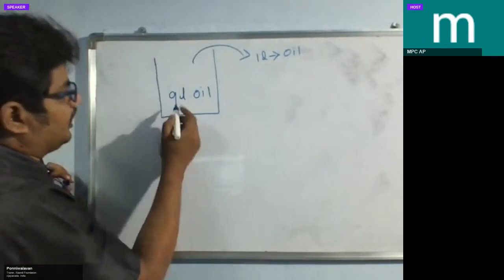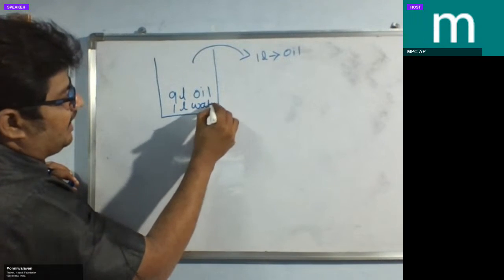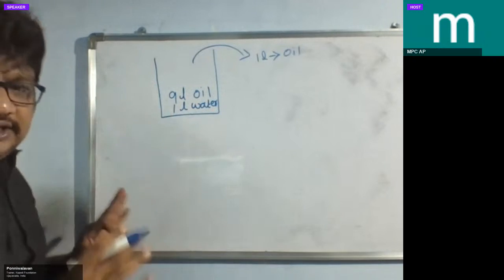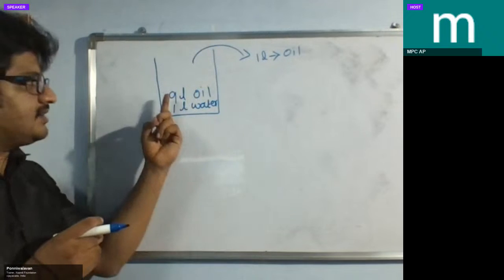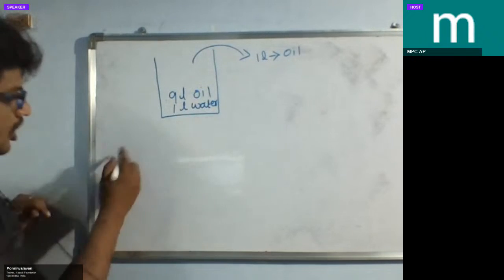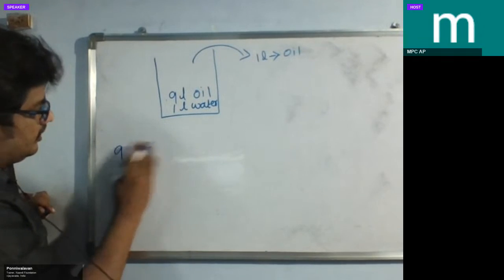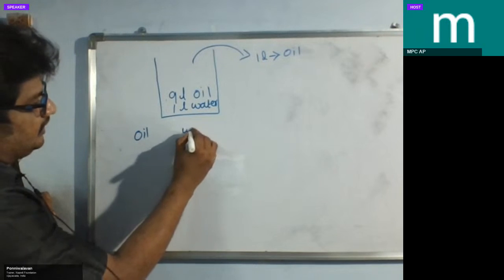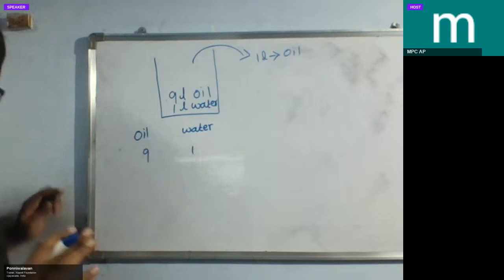So now this barrel has 9 liters oil and 1 liter water. Are you clear? So after the first step, it has 9 liters oil and 1 liter water. Yes.